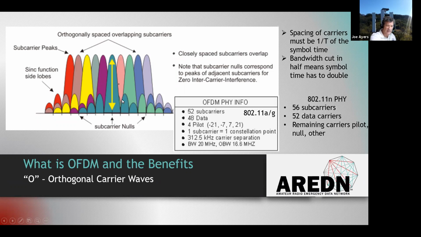So we're not interfering with that right at the center where that null is. So I can detect that, and it's uncorrelated, or orthogonal, from the adjacent carrier waves. So there's no guard area. They're just engineered to have these nulls here.